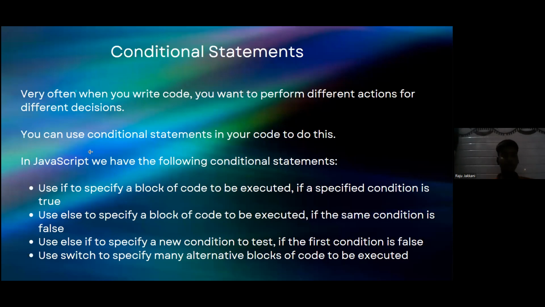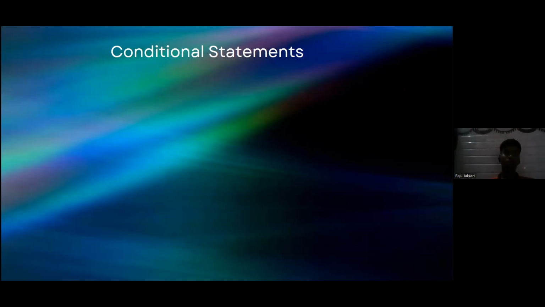In JavaScript, we have the following conditional statements. We use the if-else statement such that if a condition is true, then we execute the block of code. If the condition is false, we do not execute the code. We can use else to specify a block of code if the condition is false, or we can use only the if statement for the condition.